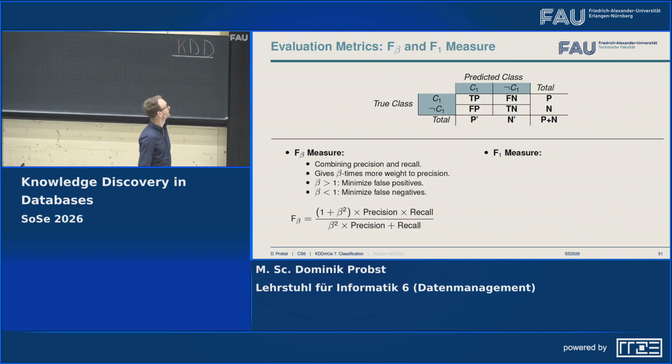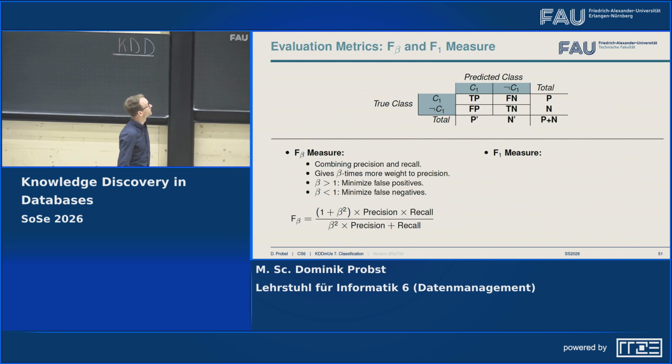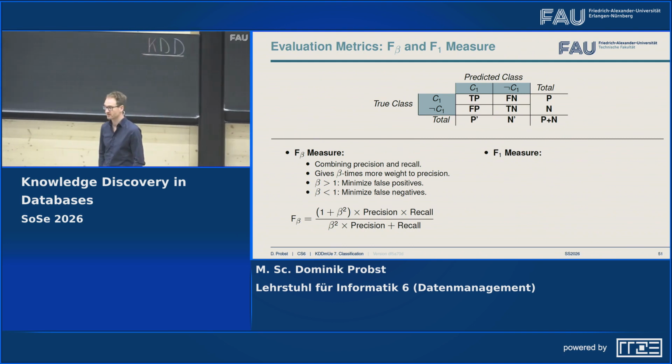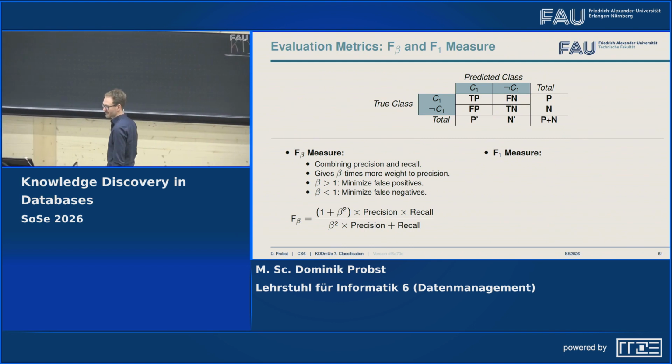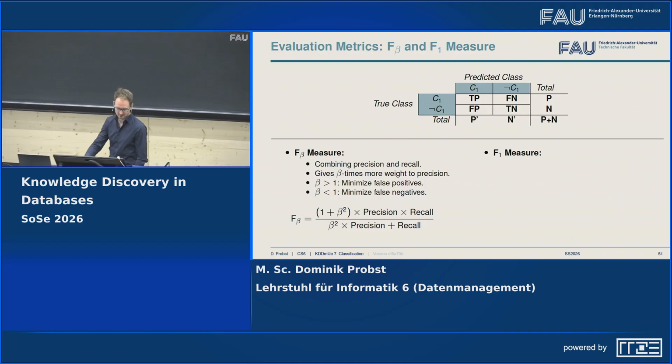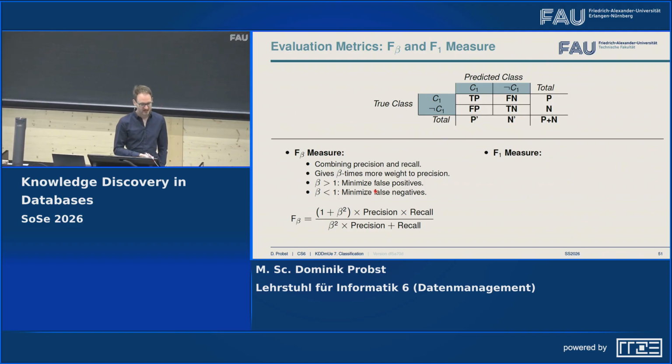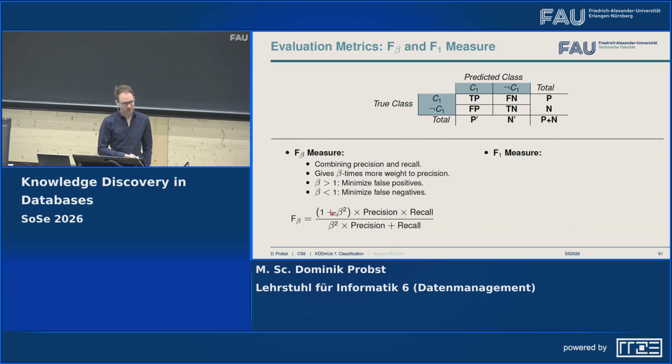If you have a beta lower than 1, you're trying to minimize false negatives. And that's simply done by multiplying 1 plus beta to the power of 2 times precision times recall in the numerator. And down here you have beta squared times precision plus the recall.